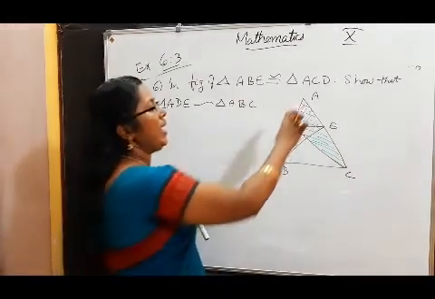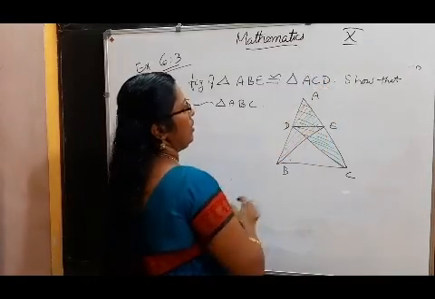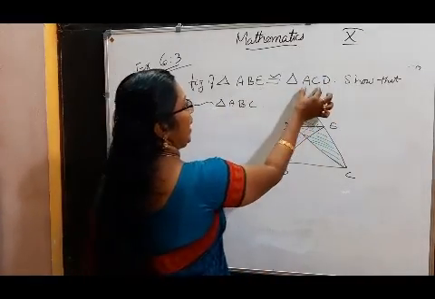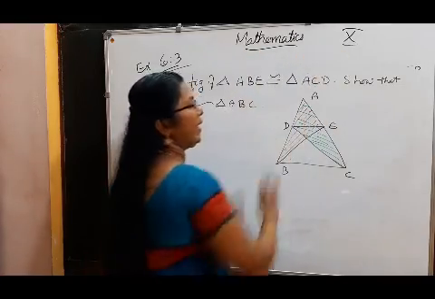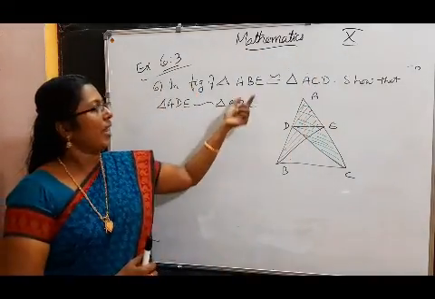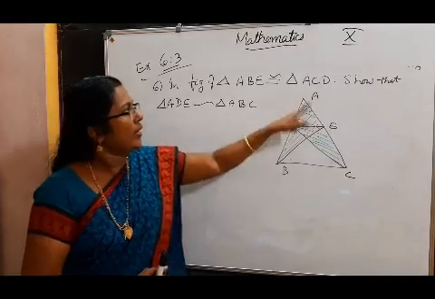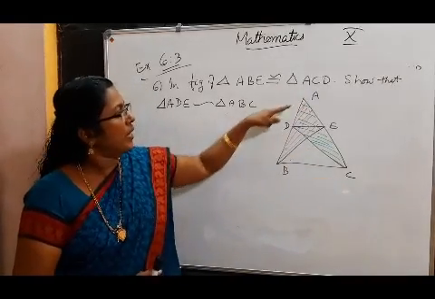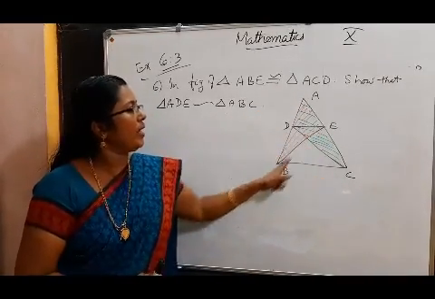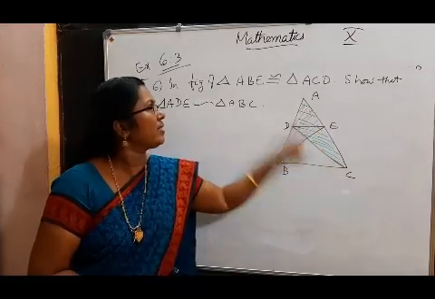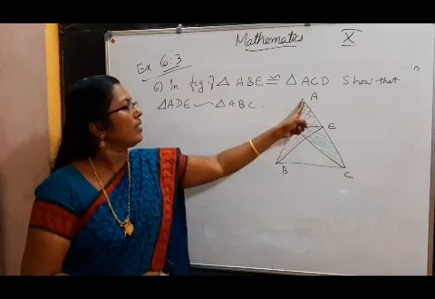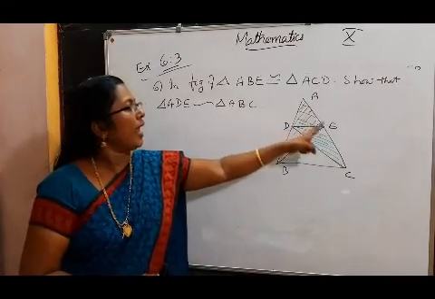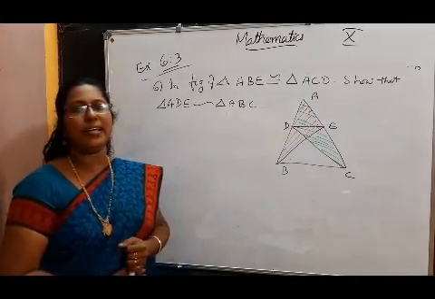So we can say AB equals AC, BE equals DC, and AE equals AD.